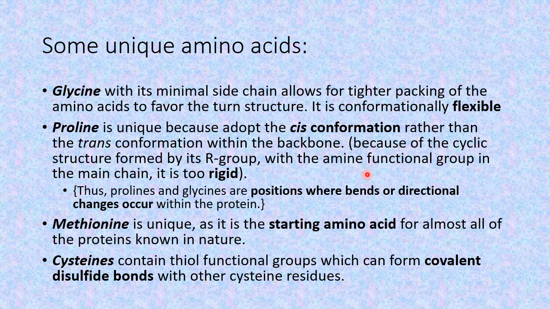This again leads to the modification or the structural organization of the polypeptide chains. So these are some of the very unique amino acids that contribute towards the structural organization of the protein molecule.